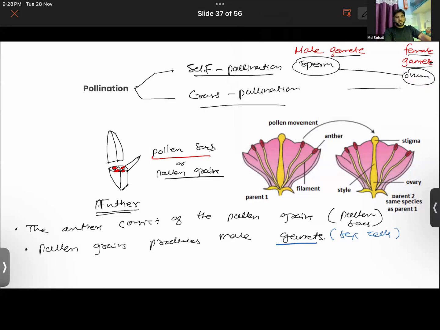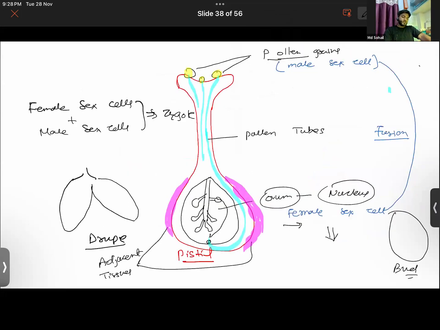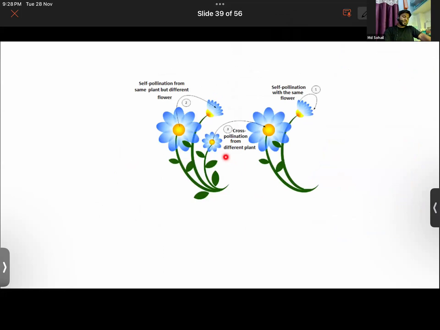Very good. So in the case of cross pollination, can it happen between flowers of different kinds? I think no, it cannot happen.